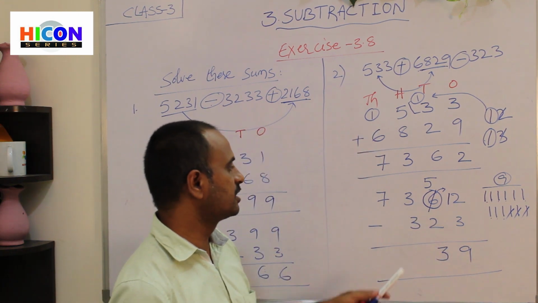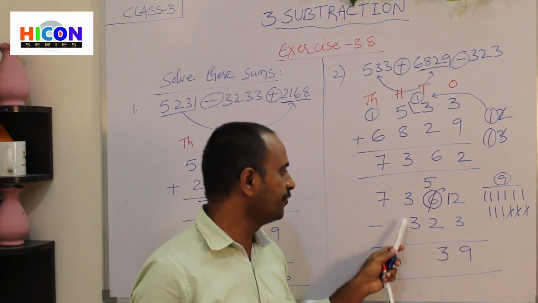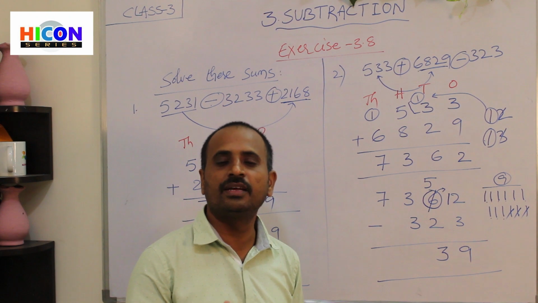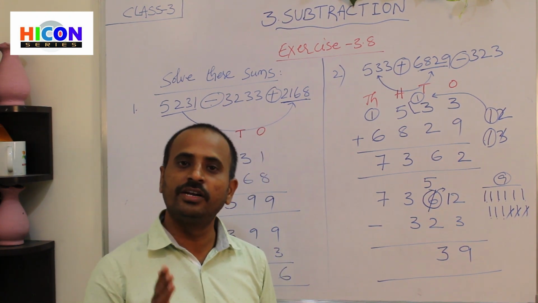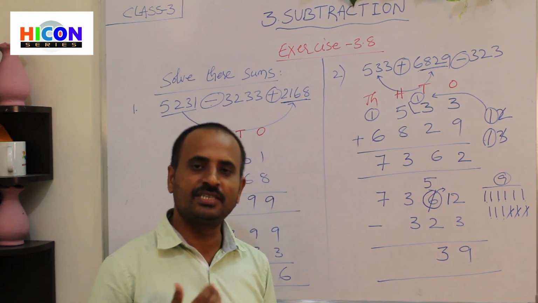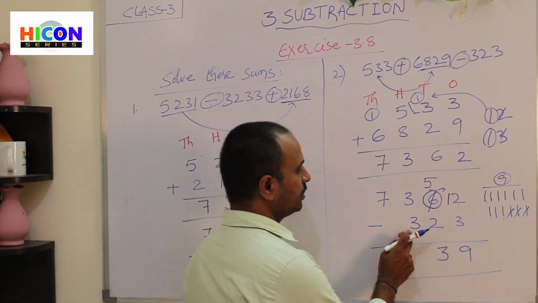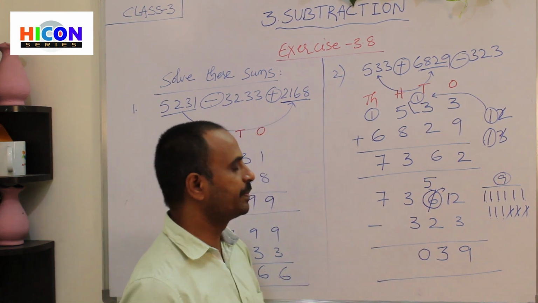So now go to hundreds place. What are the digits there? 3 and 3. So subtract 3 from 3. If we subtract a number from the same number, we get 0 as the answer. According to the properties of subtraction, if we subtract a number from itself, the answer is 0. Now go to thousands place.